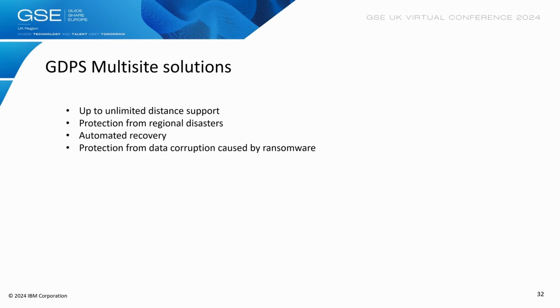It offers local CA and protection from regional disaster. It offers built-in automation for recovery procedures. This is one of the key points of GDPS. And it can implement the LCP feature, whether virtually or physically isolated, to protect from data corruption caused by ransomware or any other data corruption events.